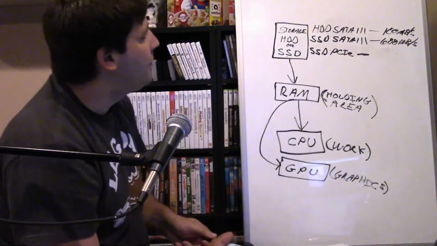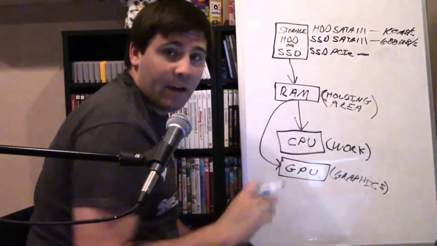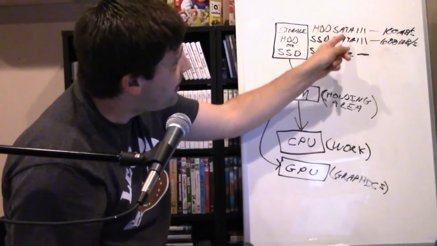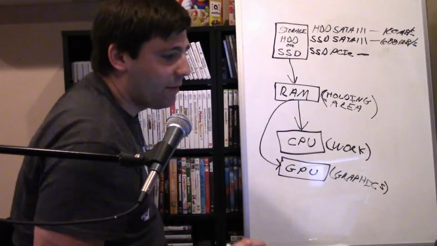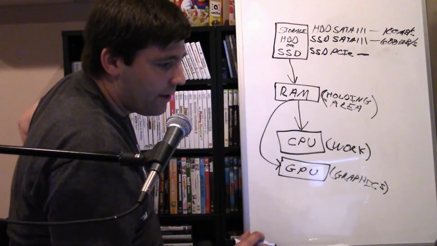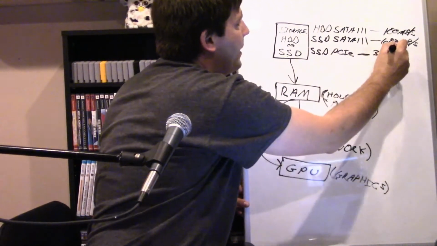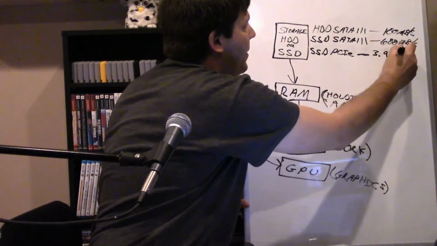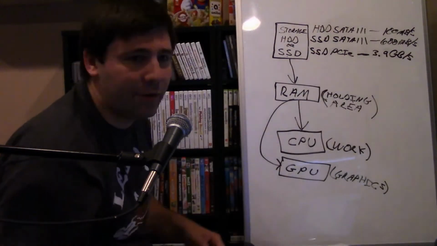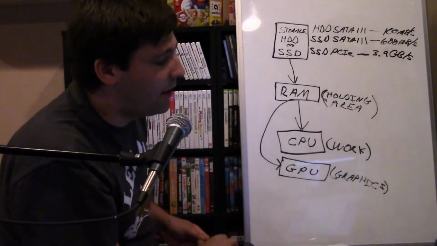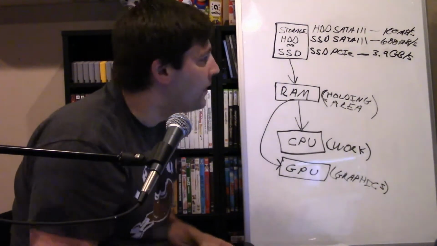Now, if you have a PCI Express slot with a solid state drive in it, because you're not using the SATA interface, which is a lot slower, now you're using PCI Express. Now we can get much faster. Now we're talking about about 3.9 gigabytes per second. Not megabytes, but gigabytes. That's 3,900 megabytes if you want to convert it. You just multiply by 1,000.